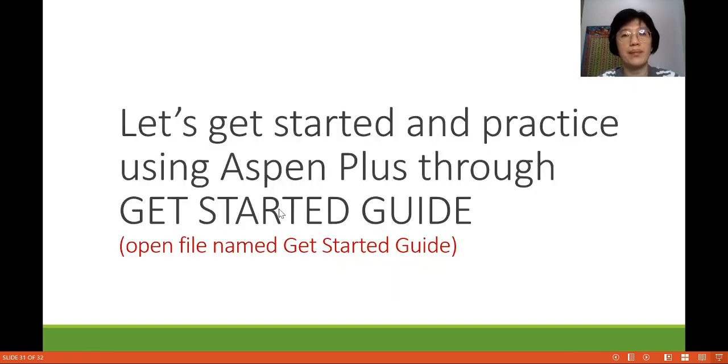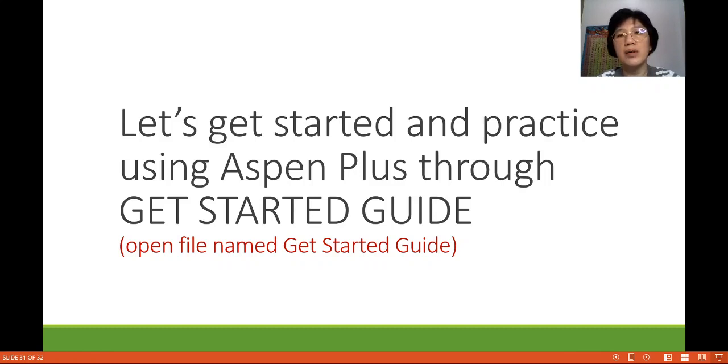So you have to now get started and practice using XPlus through the Get Started Guide. There is a guideline given to you with the name of Get Started Guide. You have to go through the guide and follow the procedure given in the guide. Okay.